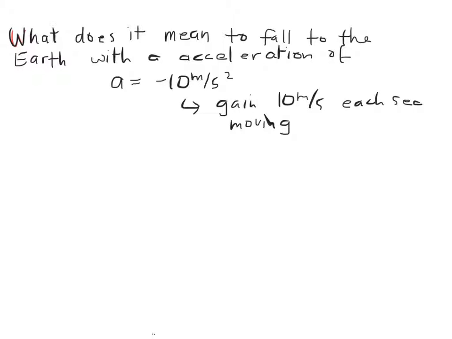So I'm going to go back to this concept of the apple falling. Here's my apple, and here's where it is at 0 seconds. I'm going to let it fall for a second, and it will be down here.